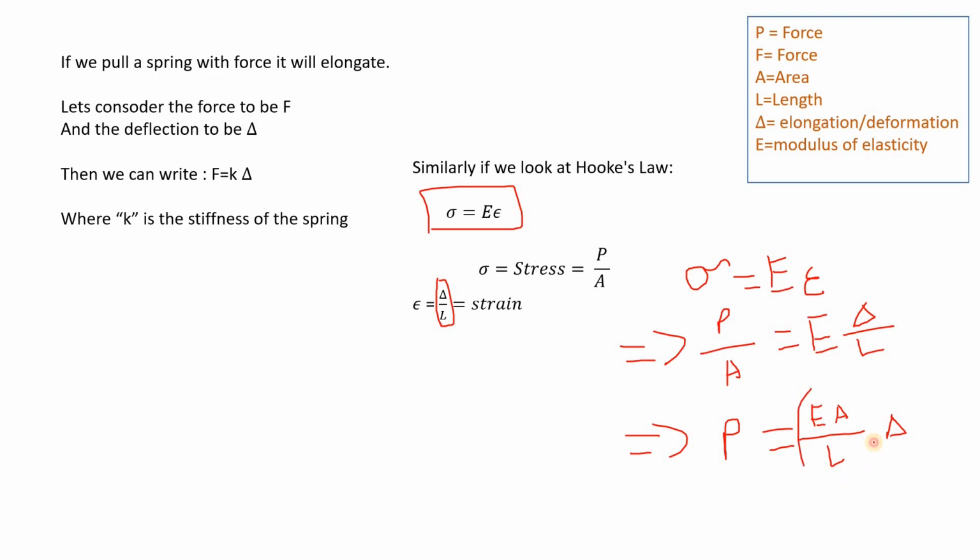This EA by L can be written as K, because EA by L is the stiffness. So we can write P is equal to K delta.